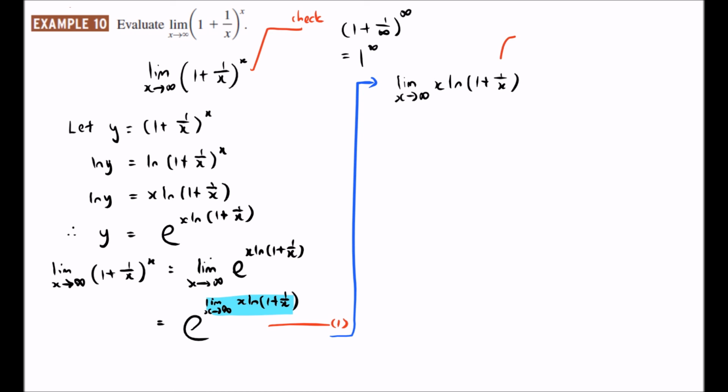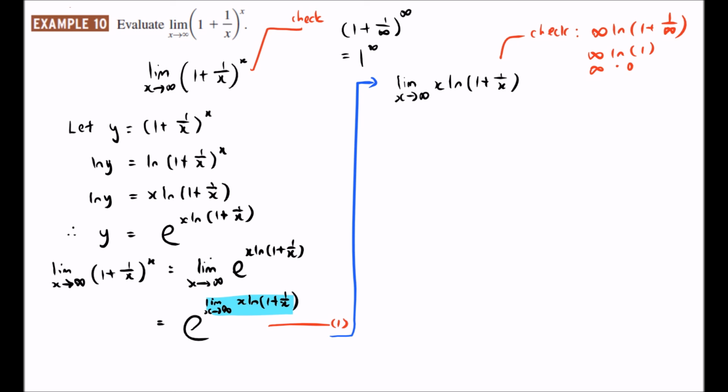Infinity times ln 1 plus 1 over infinity. 1 over infinity is 0, so ln 1, and ln 1 is 0. So we got the indeterminate form.